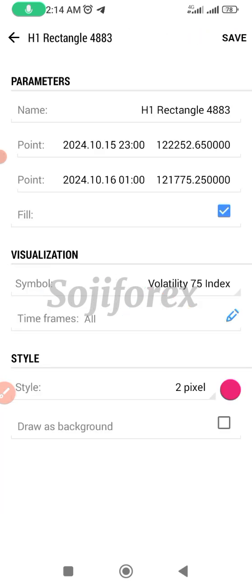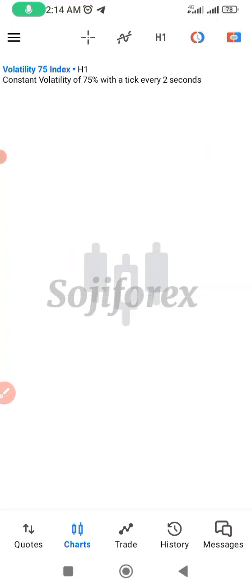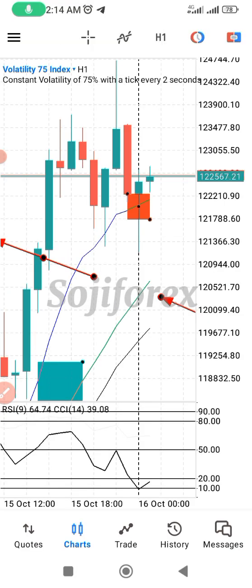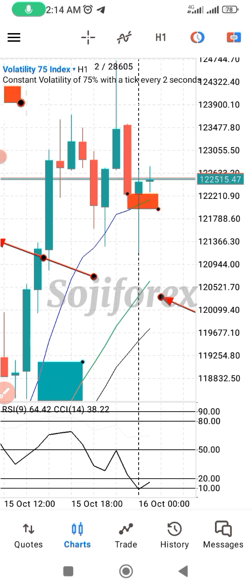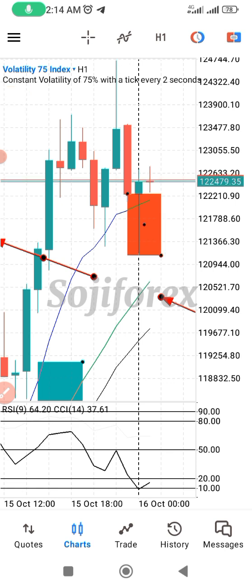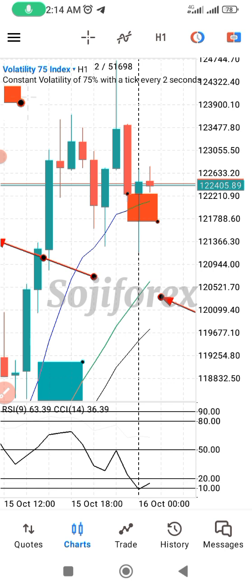Sellers came in here, opened, and pushed the candle all the way to this point. And that is why you see it is having a wick. Then buyers came in and pushed the price back, and pushed the price back to the opening price.